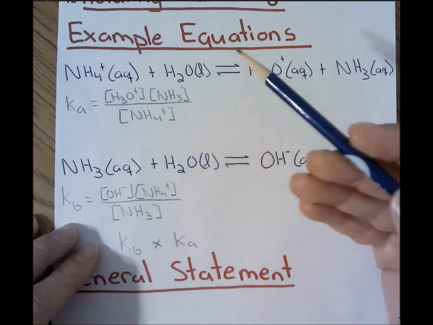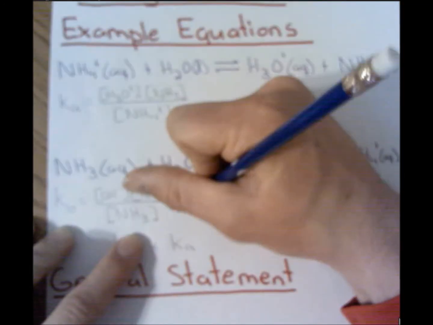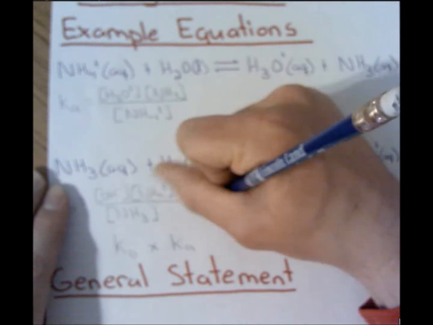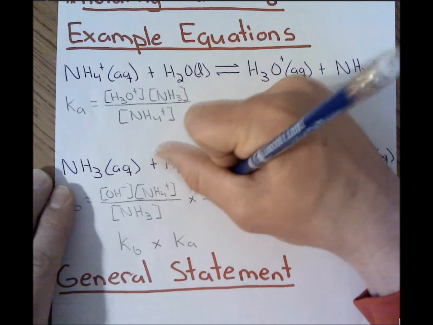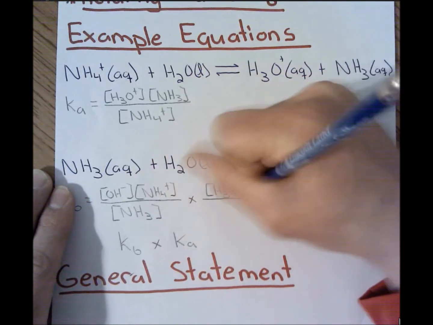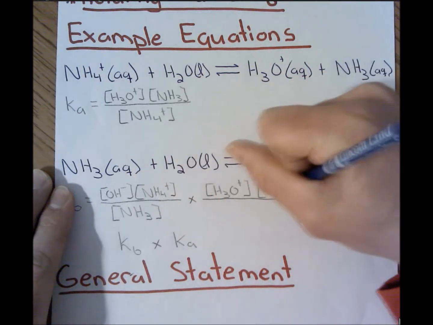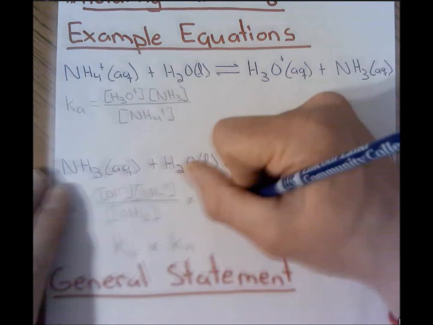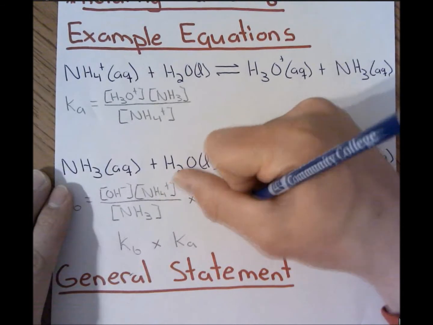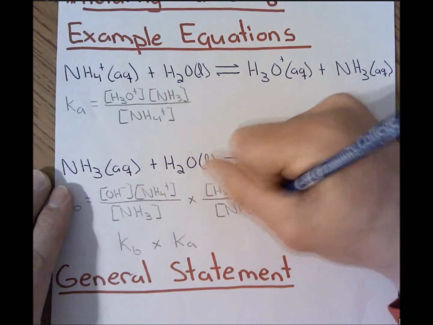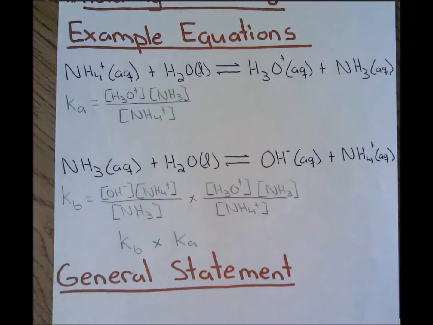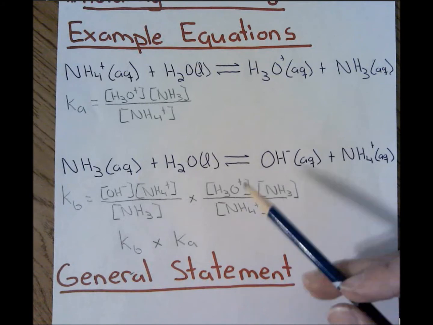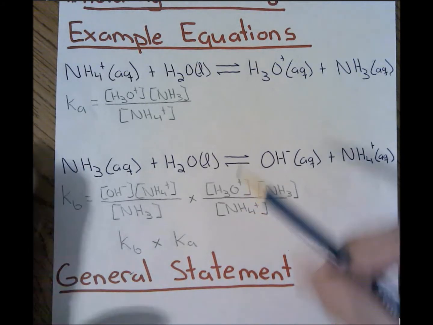So I multiply this Kb times my Ka, which is H3O plus times the NH3, divided by NH4 plus.